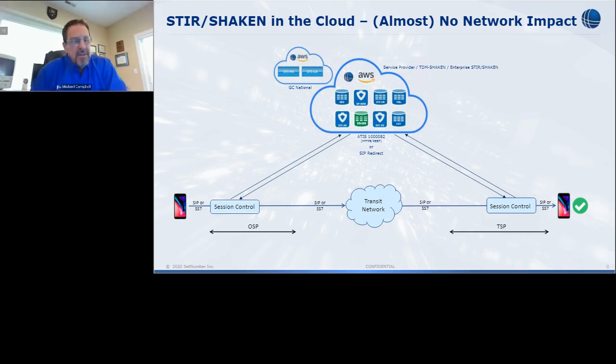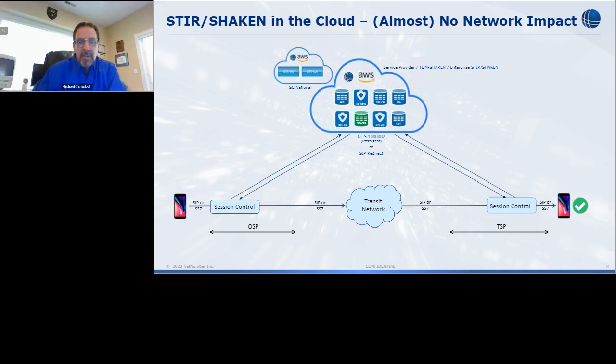The only fly in this ointment is that an awful lot of older network session control elements simply don't know how to speak this ATIS 10,082 interface. Or in some cases, vendors will make it very expensive or very problematic to upgrade existing elements to do this. So the solution has been, for almost every STIR/SHAKEN implementation vendor, to provide what amounts to a network assist element to offload that kind of function if you can't teach the existing session control elements to do that.